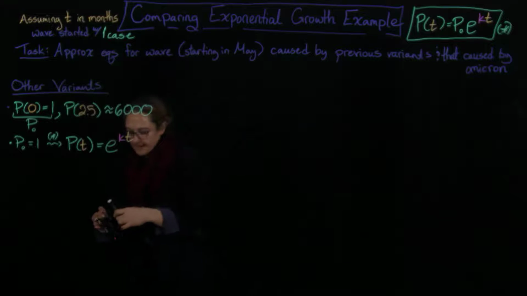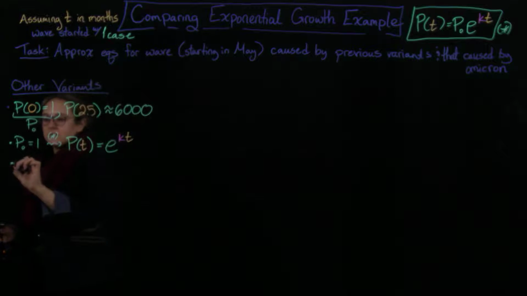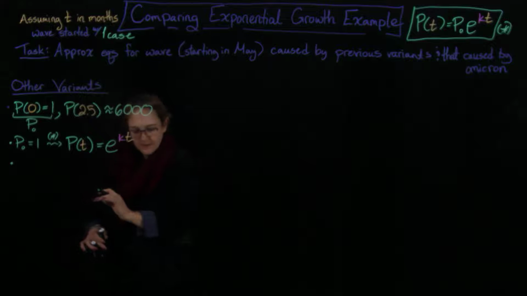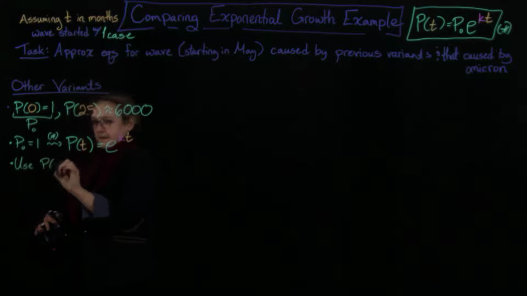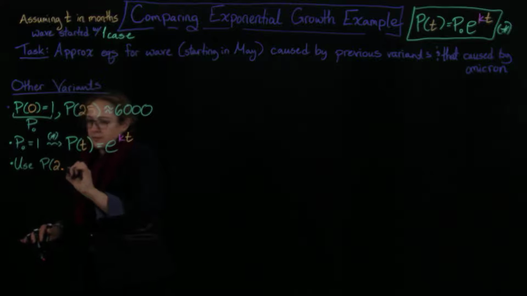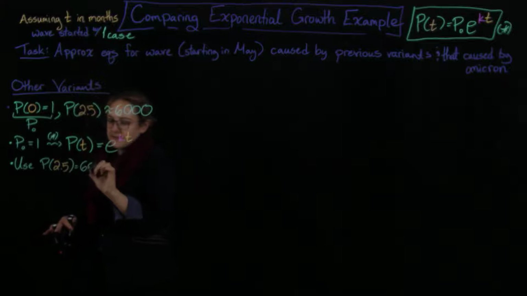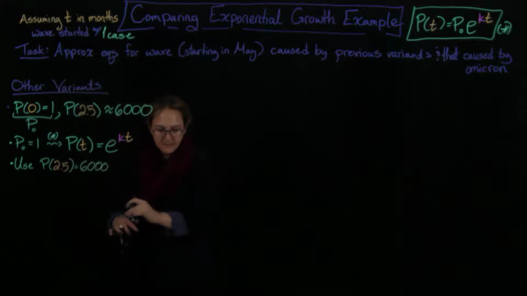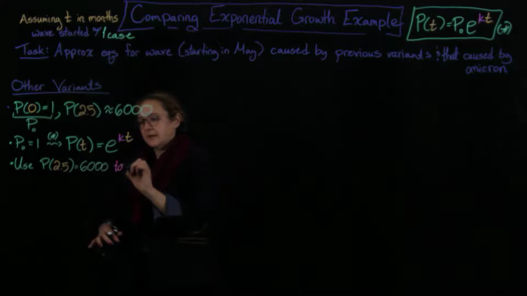Now the next thing we're going to do is use that P of 2.5 is going to equal 6,000 to solve for k. So we're going to use this to solve for k.